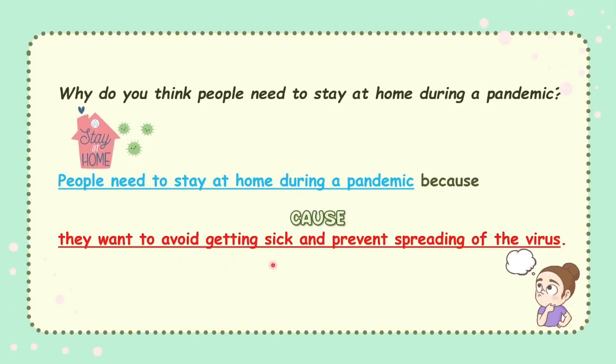They want to avoid getting sick and prevent spreading of the virus. Ito ang dahilan kung bakit kailangan ng tao na manatili sa bahay sa panahon ng pandemya. And what is the effect? People need to stay at home during a pandemic.